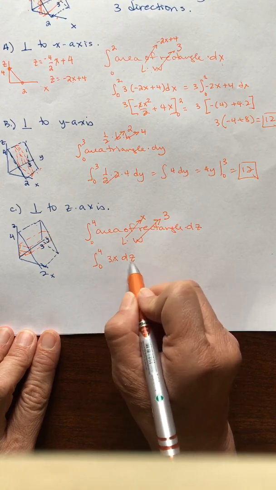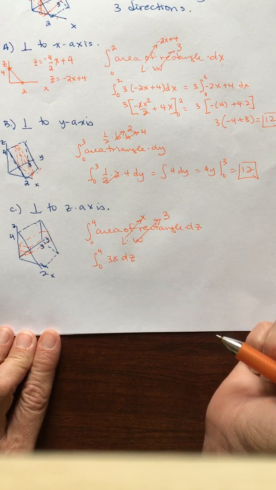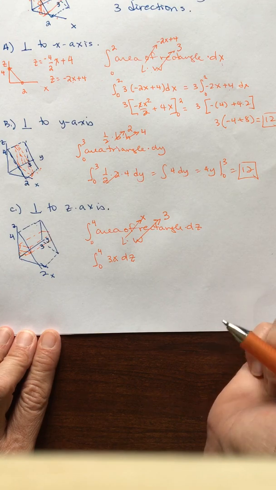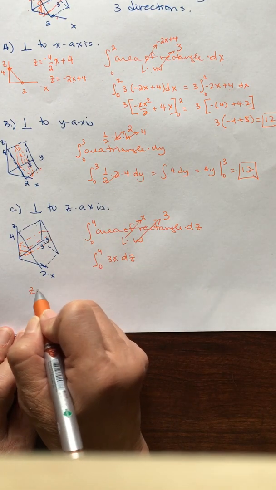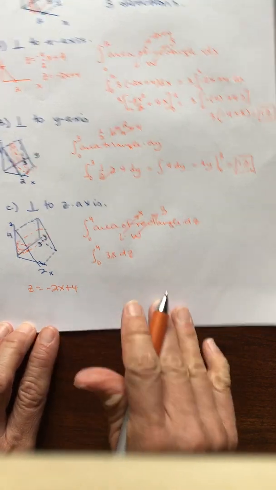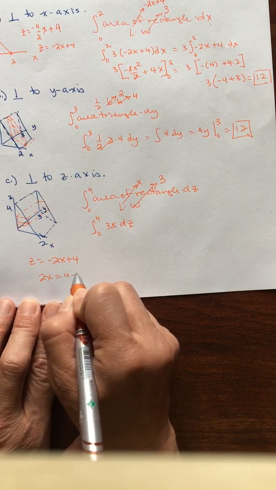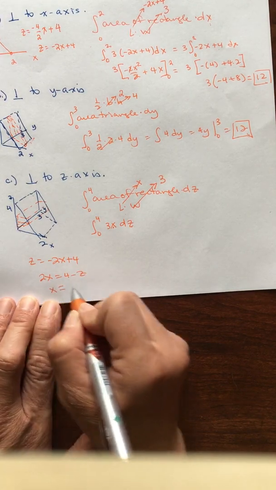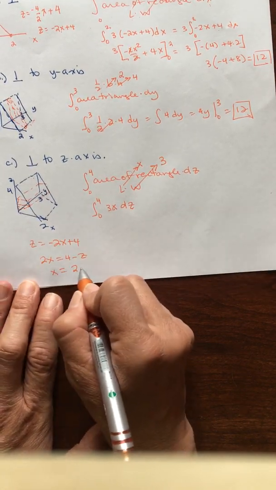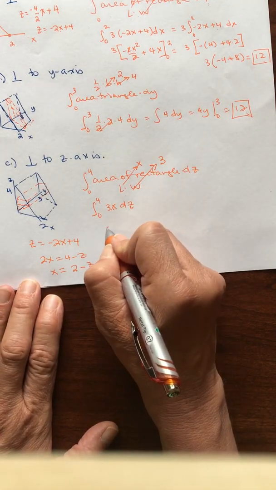Okay, so I need this x in terms of z. Oh, we did that already, didn't we? I know that z equals negative 2x plus 4. So x is, what do I get there? 2x equals 4 minus z. So x equals 2 minus z over 2. So I can just use that to plug in.